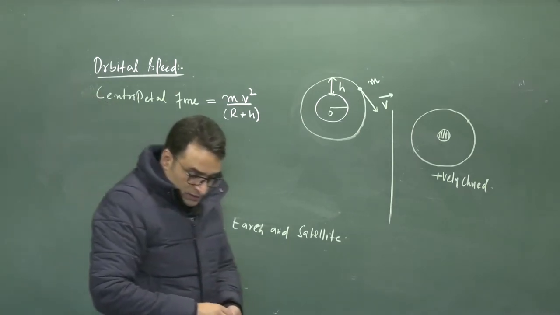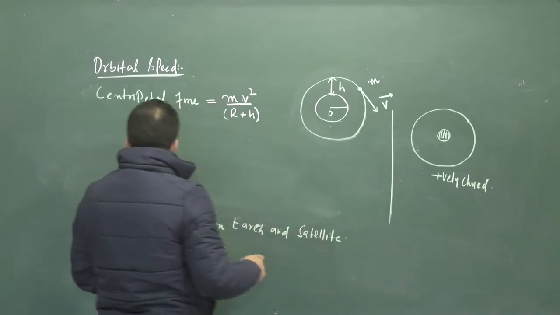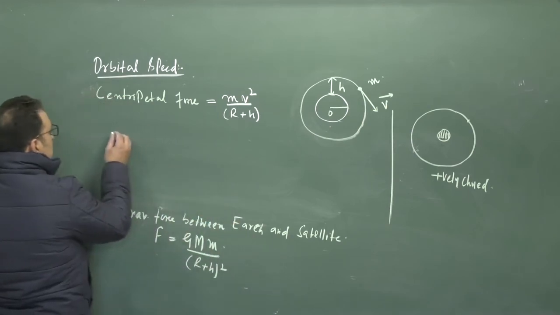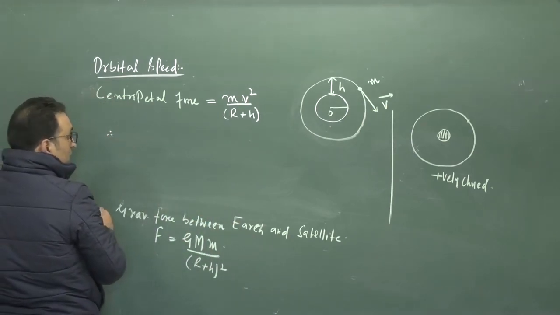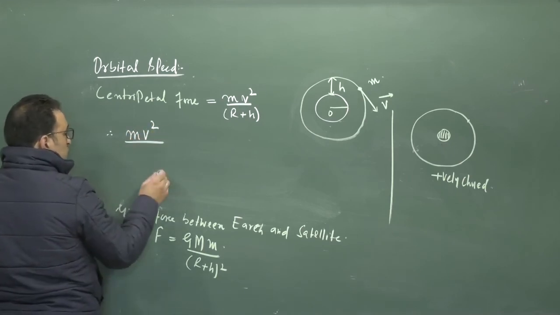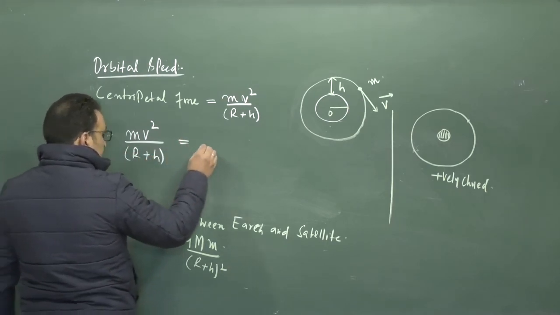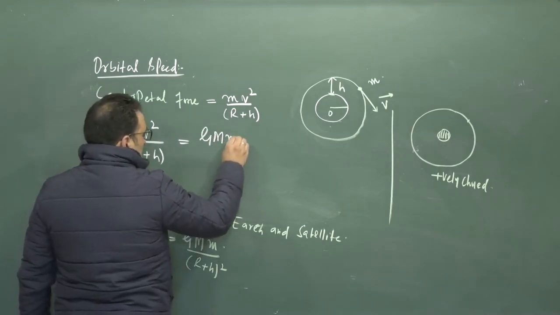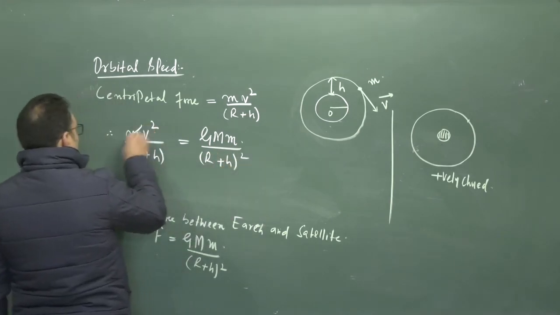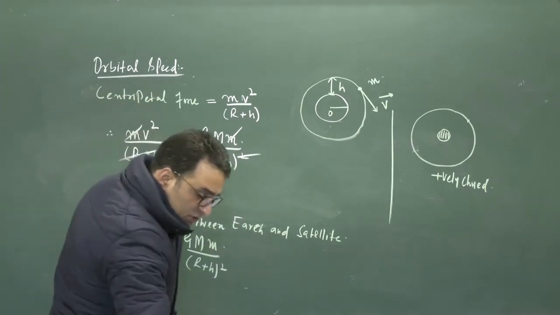Now, this centripetal force is provided by the gravitational force between the Earth and the satellite. Therefore, we can write m v square divided by (R plus h) is equal to G capital M small m divided by (R plus h) whole square. Now m and m cancel, one (R plus h) cancels with (R plus h).